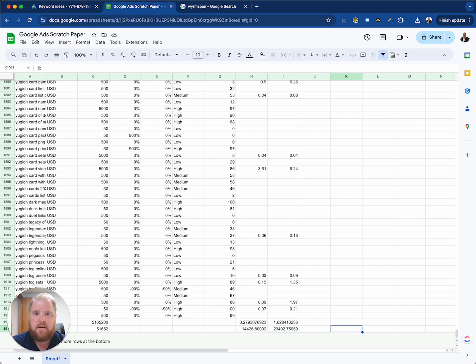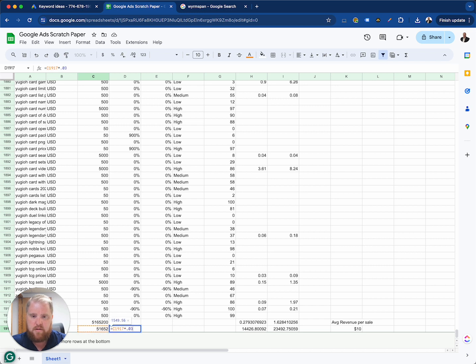So let's say hypothetically your average, considering the low end and the high end, is $10 a sale. So if your average is $10 a sale, and you are getting 50,000 clicks and visits, and let's say that you get 3% of those visits to convert.